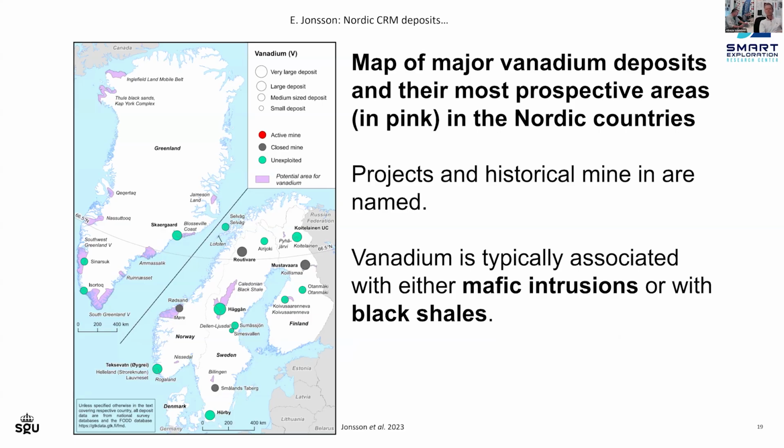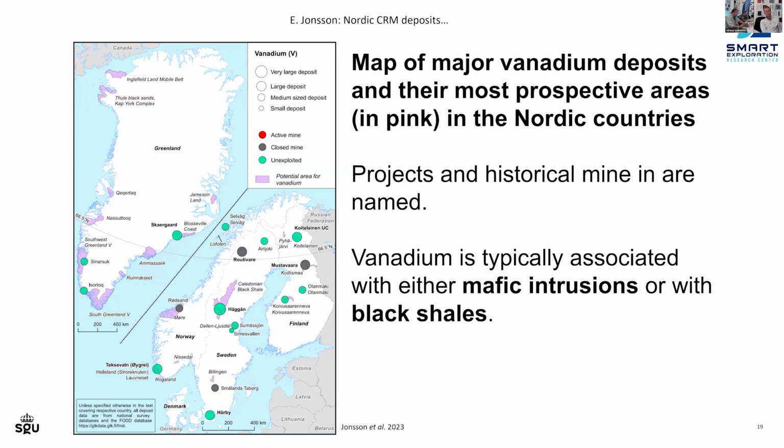Finally, I'll round off with saying a few words about vanadium deposits. As you can see in the maps, we have them spread all over along Greenland, coastal regions, as well as in Norway, Sweden, and Finland. Typically, the vanadium is linked to mafic intrusions, again, like titanium, often contained as solid solution components in magnetites.